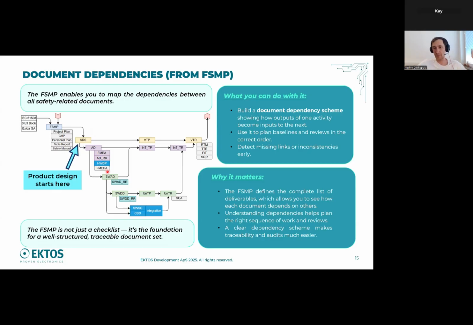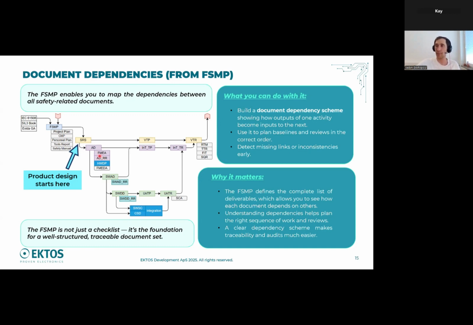We discussed how to convert dangerous faults to safe faults. Taking this into account, we get some numbers of probability of failure, and these numbers are needed to prove that you meet the requirements of your safety integrity level.